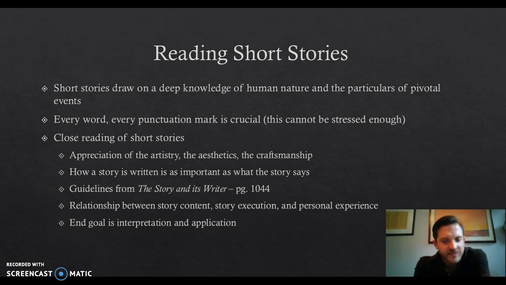So once again, to reinforce, short stories are very limited in scope, but the result is something very mind-blowing. So this goes back to the idea that every word, every punctuation mark, every paragraph indentation, it's all important. It is all to an effect.